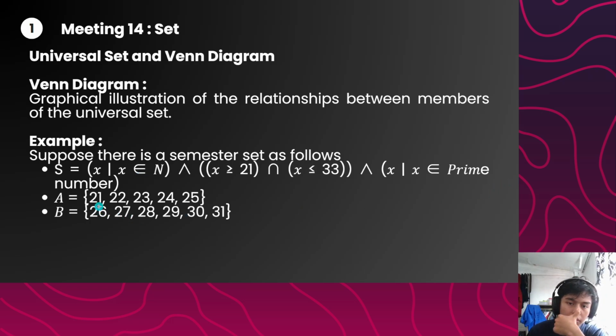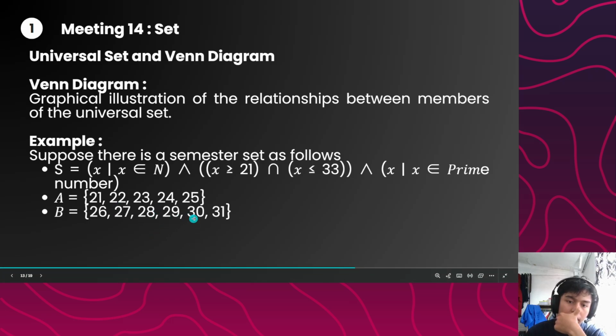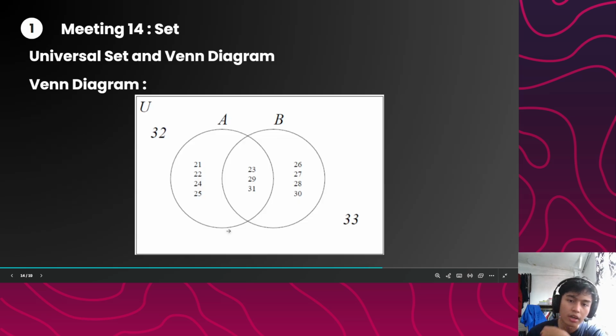And we have A: 21, 22, 23, 24, and 25, and B: 26, 27, 28, 29, 30, and 31. Then we have the Venn diagram right here.